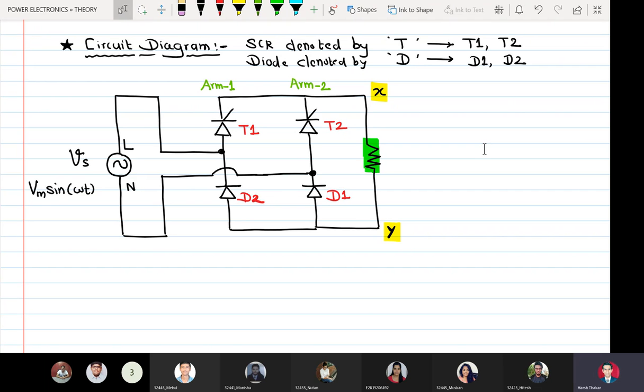And I already told you that there is no point firing an SCR at alpha equal to 0 degrees, because it is anyways happening in a diode. It is mere foolishness to fire an SCR at alpha equal to 0, because if you want that, better use a diode, because diode is much cheaper than an SCR. So SCRs must always be fired at alpha greater than 0 till less than equal to 180 degrees.